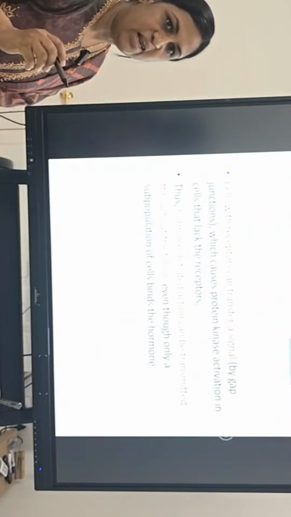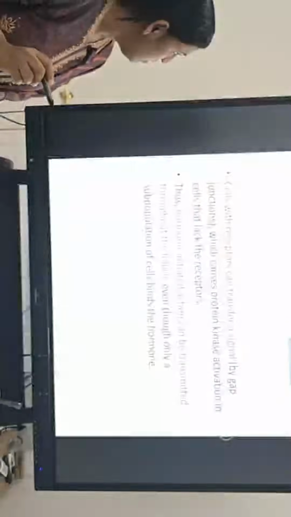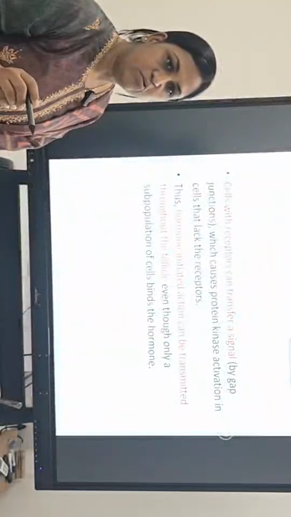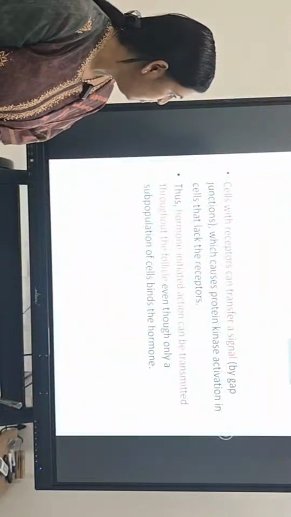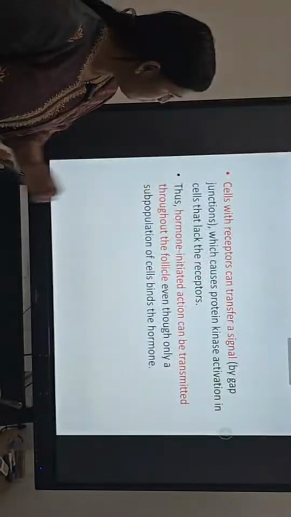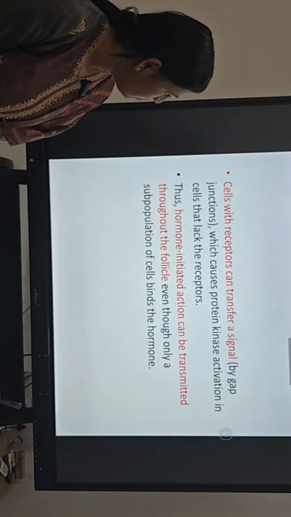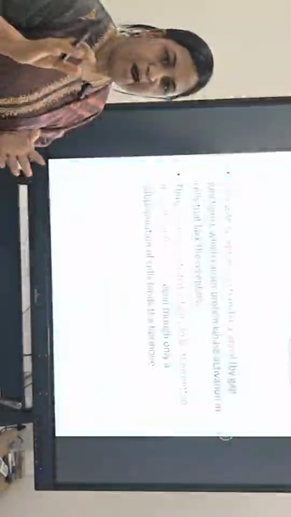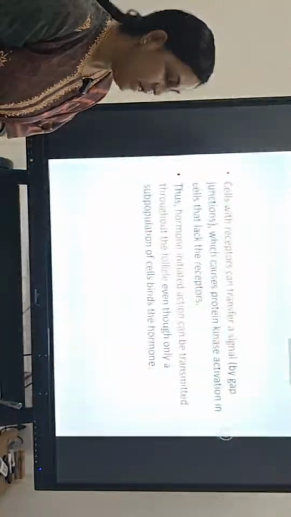Only the surface cells have the receptor, and those cells which have the receptor transfer the signal by gap junction to the inner cells. So this hormone-initiated action can be transmitted throughout the follicle, even though only a part of the cells bind to the hormone.